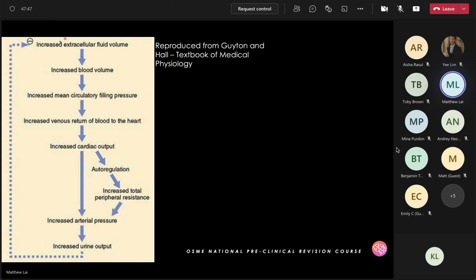We have increased extracellular fluid volume, leads to increased blood volume, increases mean circulatory filling pressure, which results in increased cardiac output, which from our equation increases arterial pressure. And by pressure natriuresis, increased blood pressure means increased salt and, by extension, urine output. And this acts to decrease the amount of fluid in our body. So it's a negative feedback loop, so it regulates itself.